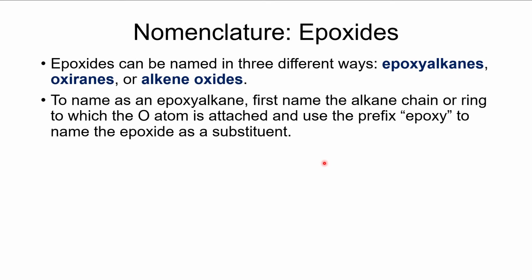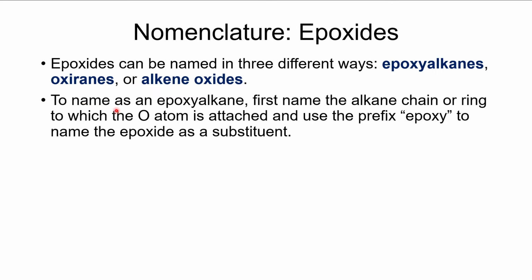So, epoxides, you can call them epoxy alkanes. That's one way to do it. You can call them oxiranes, or you can call them alkene oxides. And the first two, the epoxy alkanes and the oxiranes, those are both IUPAC nomenclature. And then the alkene oxide, that is a common nomenclature, and we'll talk about it here in just a moment.